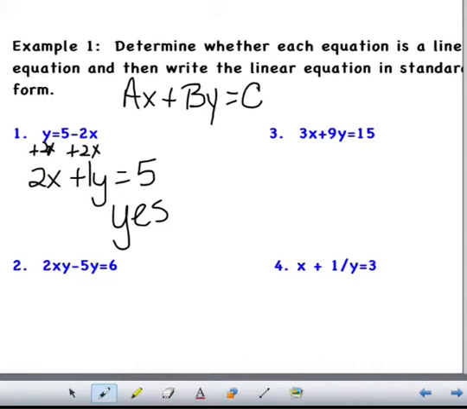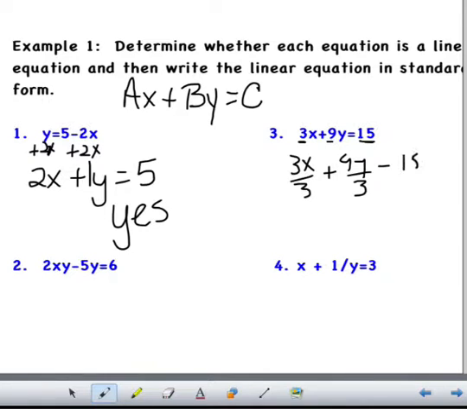Does it meet our criteria? Is a greater than 0? Yes, it's 3. Are a and b both equal to 0? No. Is there a greatest common factor other than 1? Yes. Look at my 3, 9, and 15. What's my greatest common factor for those? It is 3. So I could divide everything in there by 3.